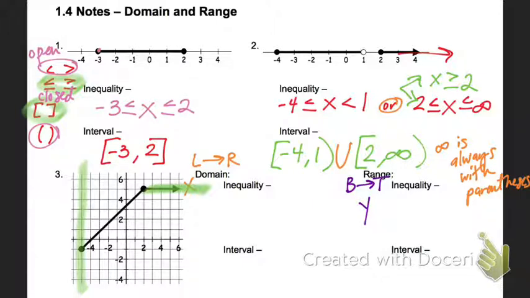So my inequality notation is going to look like what? There's 2 ways to write it. -5 is less than or equal to x is less than infinity, which I shouldn't have put less than or equal to infinity up here. I should have just put less than infinity because you can't touch infinity.